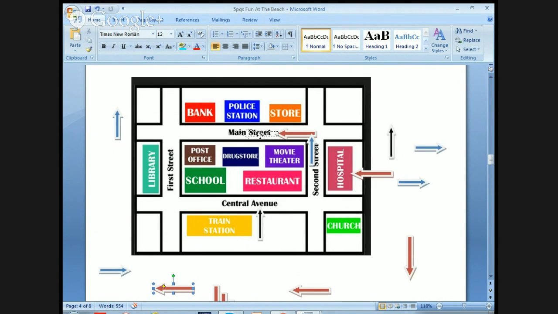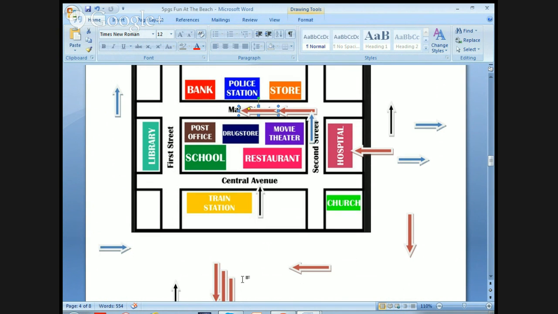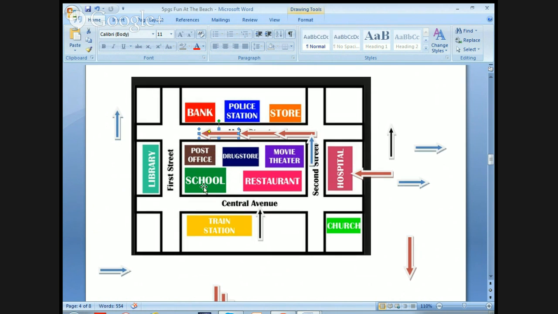Okay, and where is the bank located? The bank is located on the corner of the park. Is it on my right or my left? On the right side. The bank is on the right side.